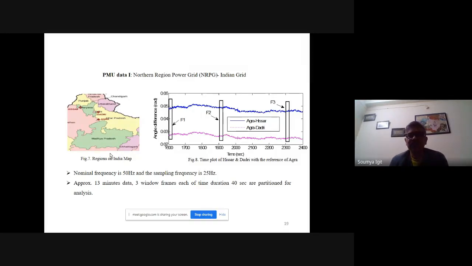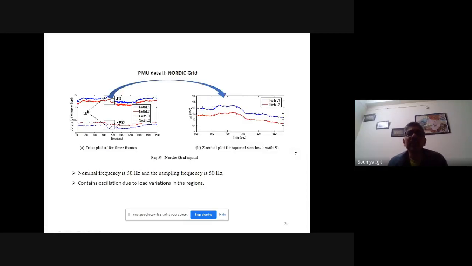For instance, taking Agra Hisar and Agra Dadri with the respective frames F1, F2, and F3, you have the angle difference that you are getting in these 3 frames, and correspondingly in the Nordic grid.